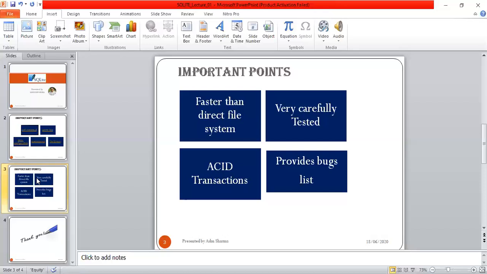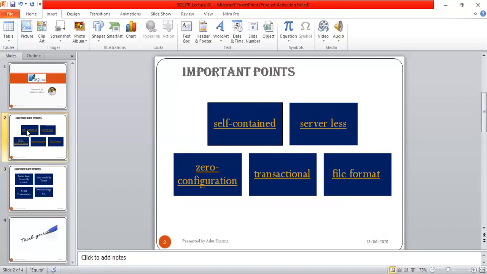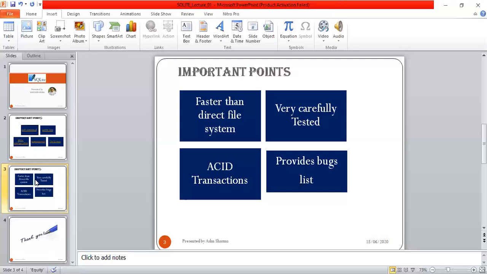If I just conclude these points, we can say SQLite is self-contained, serverless, zero configuration, transactional, having file formats. Some other points are that it's faster than the direct file system and very carefully tested. So we have put in tests to find out the bugs and keep the database values and the database consistent.